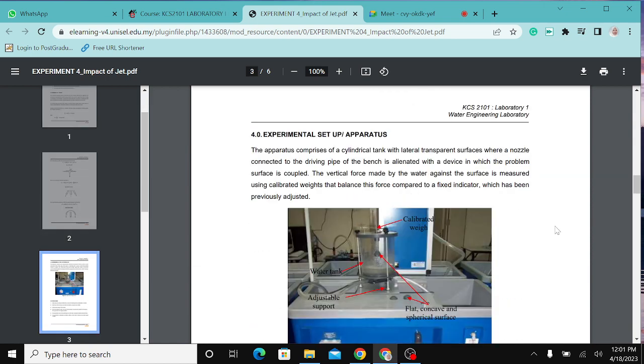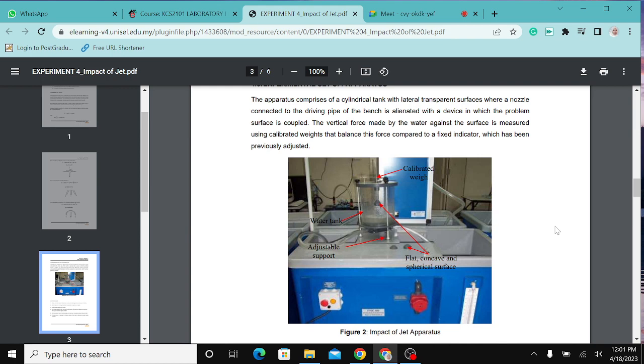The experimental setup can be seen in this Figure 2. You have calibrated weight, flat, concave and spherical surface, then an adjustable support, and here you have the water tank. You have a cylindrical tank for the setup with lateral transparent surfaces, where a nozzle connected to the driving pipe of the bench is aligned with a device in which the target surface is coupled.